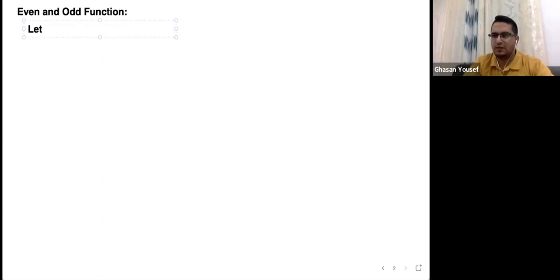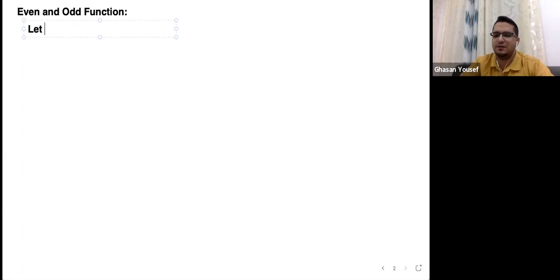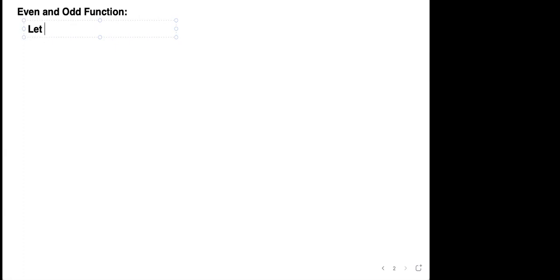Again, can you repeat what you said? I said that it's a function that returns their negative inverse when x is replaced with negative x. It means that f of x is an odd function when f of negative x equals negative f of x. Okay, nice. Yes, this is correct too.